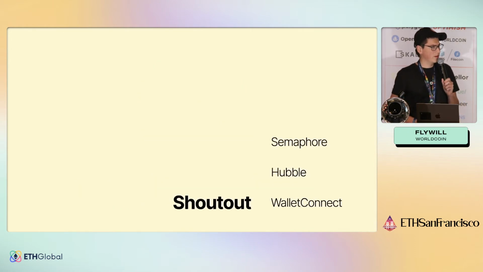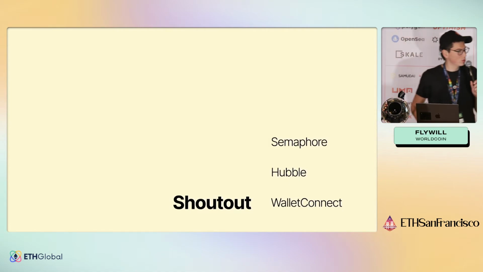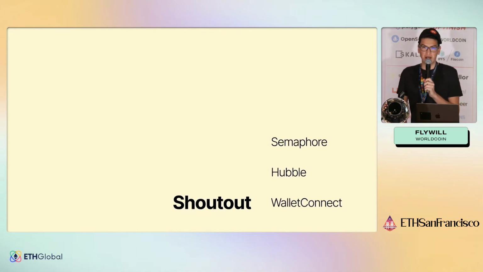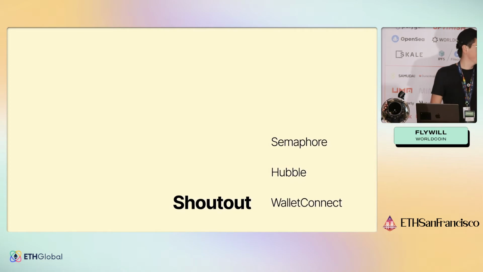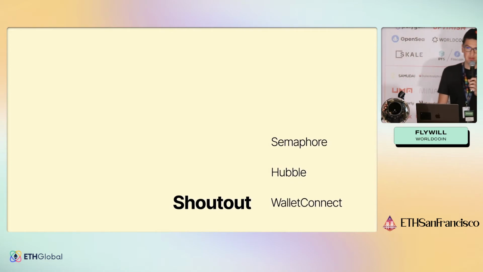We do want to give a huge shout out to these open source projects that make the protocol possible. So Semaphore is an implementation of zero knowledge circuit. So it's what powers World ID and will let us bring this layer of privacy to the protocol.